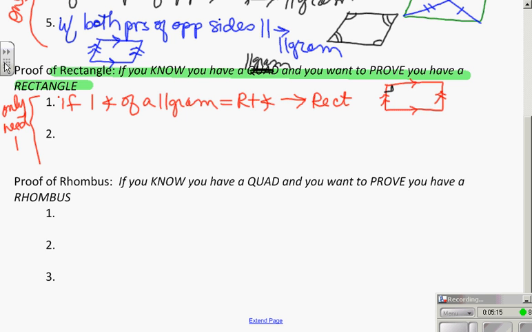This allows you the shortcut to not have to go through the work to show that all four of them are right angles. You get one, you get them all. Your second criteria is if the diagonals are equal, then it's a rectangle.